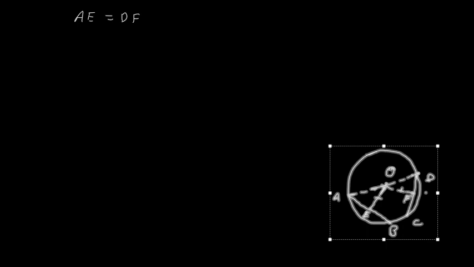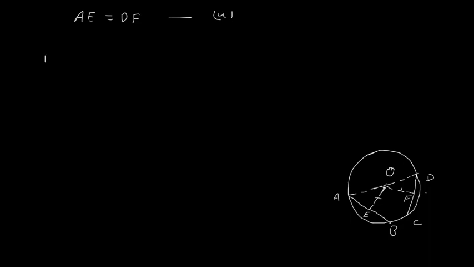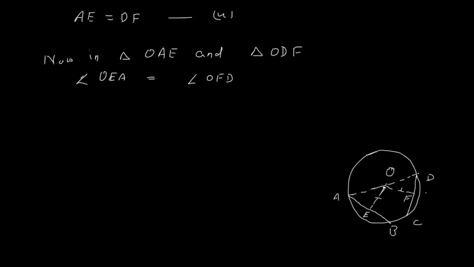Now let us copy this diagram here. AE is equal to DF we got, so let us consider this as equation number 4. Now we will take triangle OAE and triangle ODF. In these two triangles, angle OEA is equal to angle OFD. We can say this is given, perpendicular, equal to 90 degrees if you want to say.